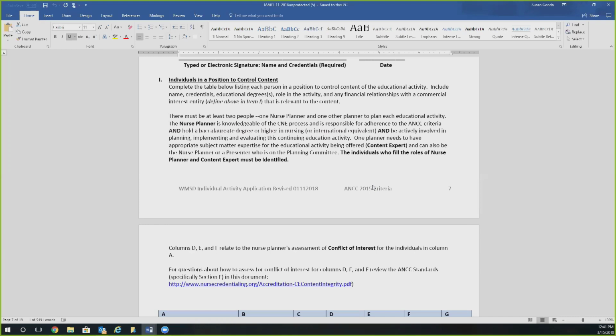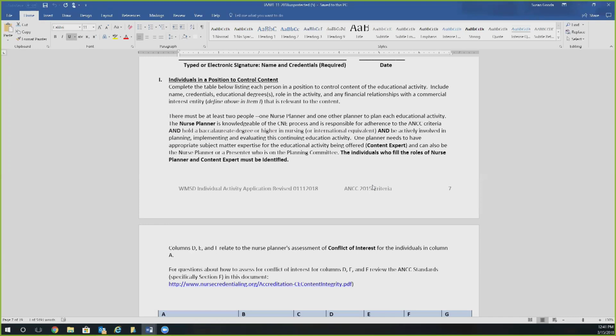Well, here's my recommendation: when you're in the planning process and you've identified your topic, your learning outcome, and the objectives you'd like the presenters to present, and you've made a decision that these people would be great as presenters, here's what I would do.